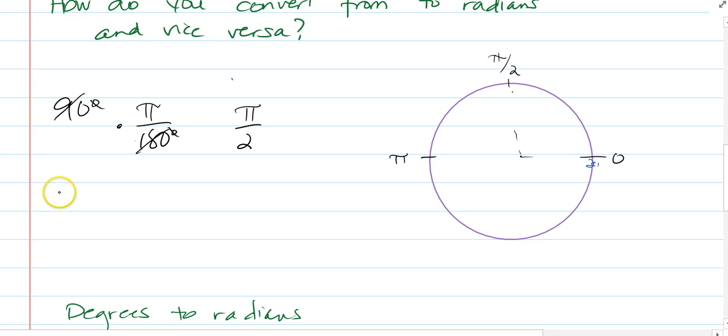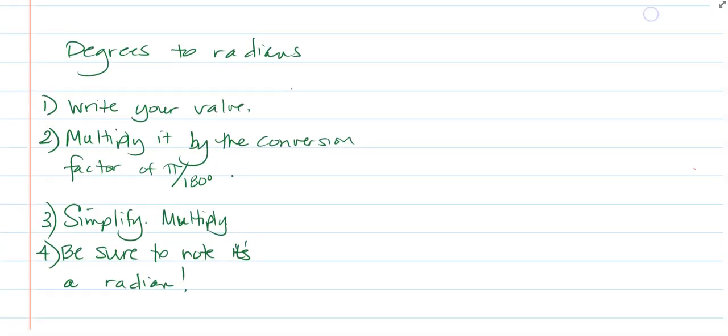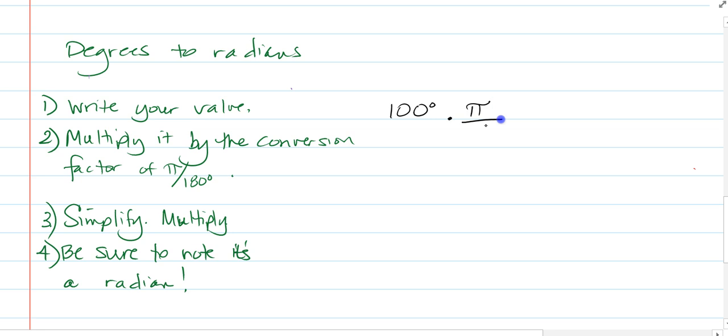So if I had, let's do just another arbitrary number, let's say 100 degrees. Write your value, multiply it by the conversion factor of pi over 180. I'm not a big fan of doing it separately, so I'd rather just compile this in one little algorithm. Is that the word I should use? 100 pi over 180.